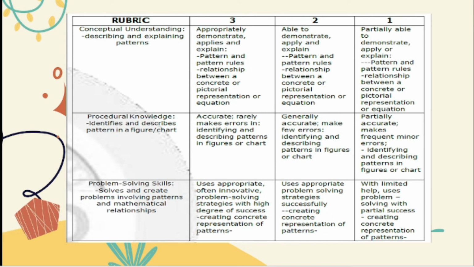So we have rubrics to follow for you to be able to get the highest score. So for our rubrics, we have 3, 2, and 1. For our description: conceptual understanding, describing and explaining pattern. Procedural knowledge, identify and describe pattern in a figure chart. Then problem solving skills, solve and create problems involving patterns and mathematical relationship. For you to be able to get number 3, you will need to reach the description of number 3.